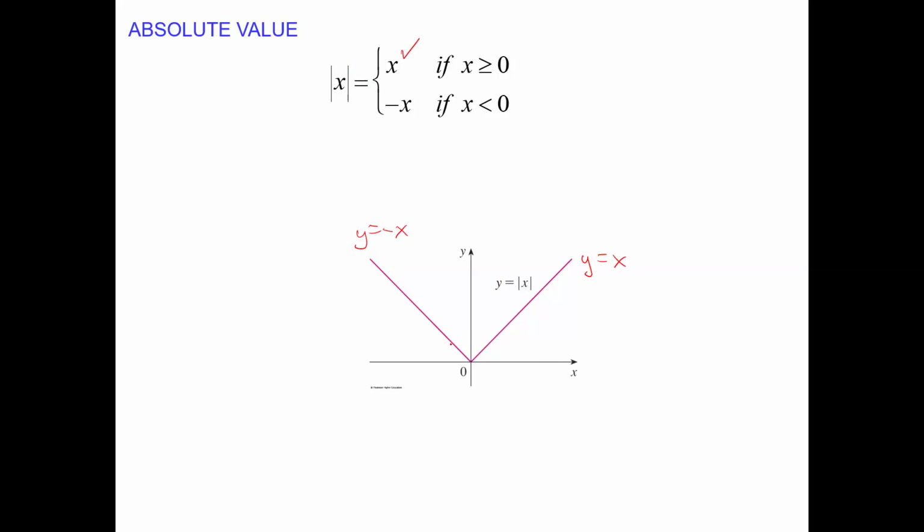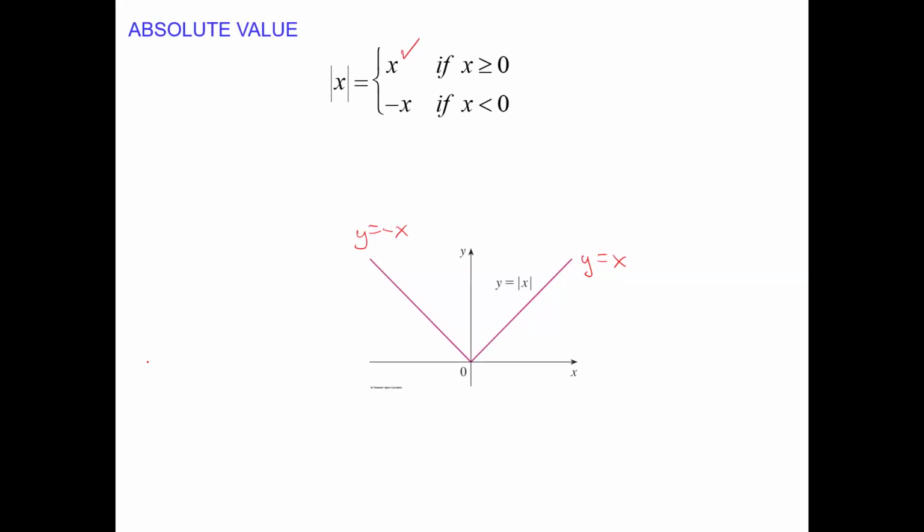Okay, let's look at a couple of functions and check the behavior near certain values, but all of the functions will have absolute value. What is the limit of the absolute value of x as x approaches 0? 0 is in the domain, because the domain is all of the real numbers.